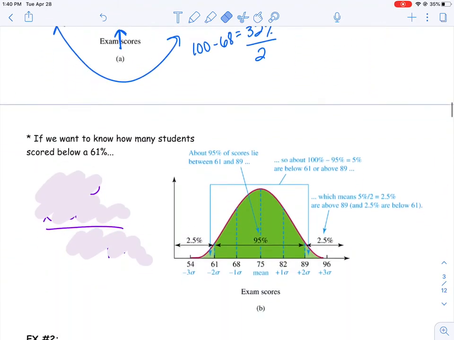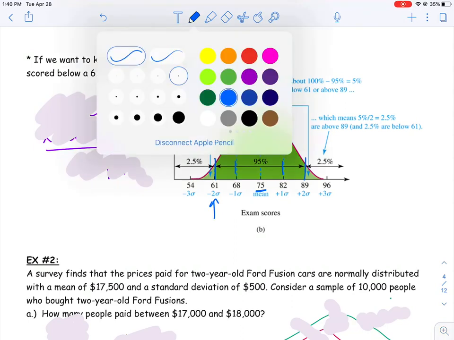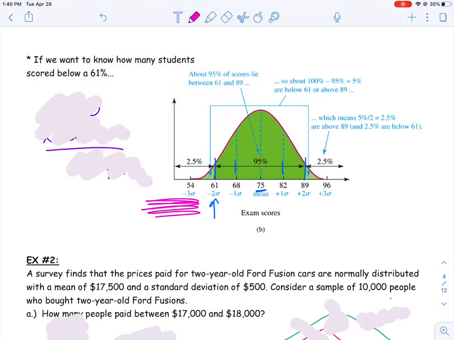Let's do another one. It says in this one, we want to know how many students scored below a 61. Looking at our chart, we have our mean, we have our 1 standard deviation, we have our 2 standard deviations, and here's my score of a 61. It's asking us what percent of people scored below a 61, so I'm looking for this amount. We know that 68% of people fall in 1 standard deviation, and that 95% of people fall within 2 standard deviations, which is our borderline at 61.